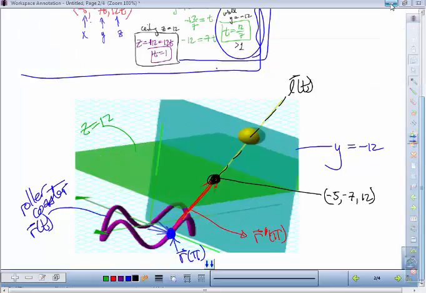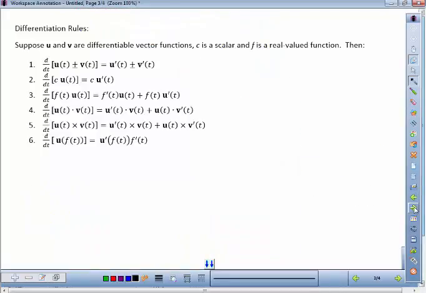Okay, so there's a page of differentiation rules that might be important for us. The first two show the derivative is a linear operator. If you've taken linear algebra, then you should know what that means. It preserves addition and scalar multiplication.